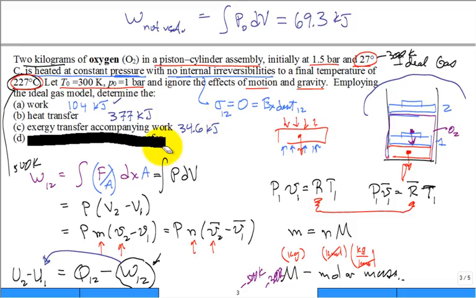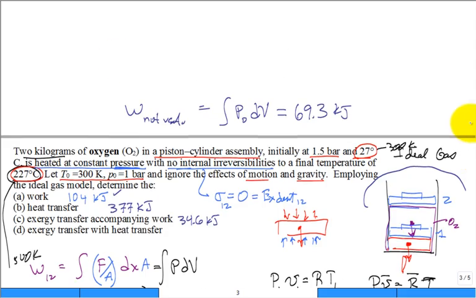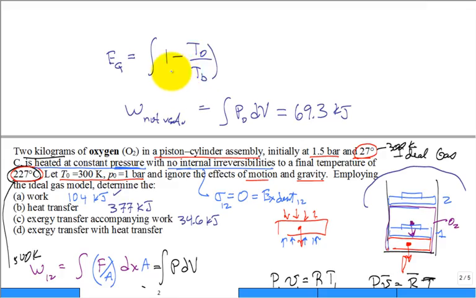All right, last part. What is the exergy transfer with the heat transfer? How are we going to calculate that? Well, your mind may say, I'm going to have the exergy transfer with the heat transfer be some sort of integral of 1 minus T naught over T_B delta Q during the process.